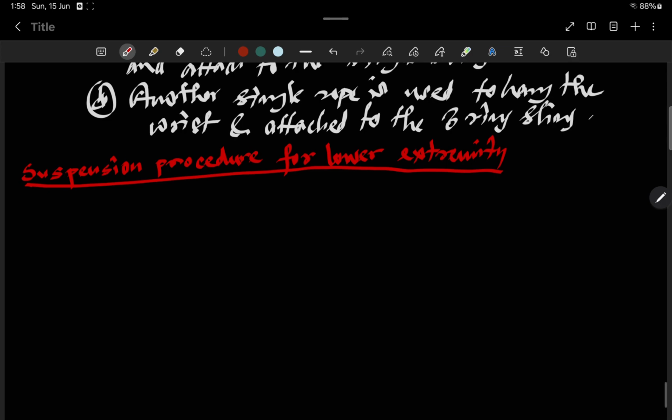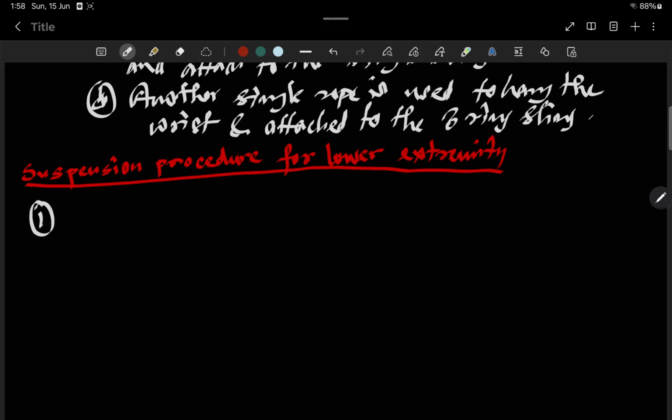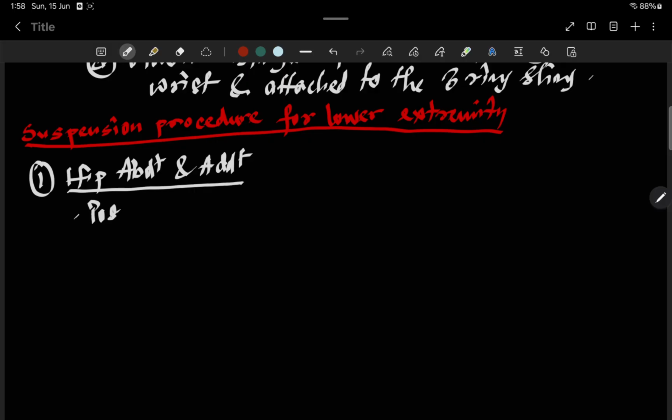First, number one is the hip abduction and adduction. Same as upper extremity, position is supine. Type of suspension is axial suspension.